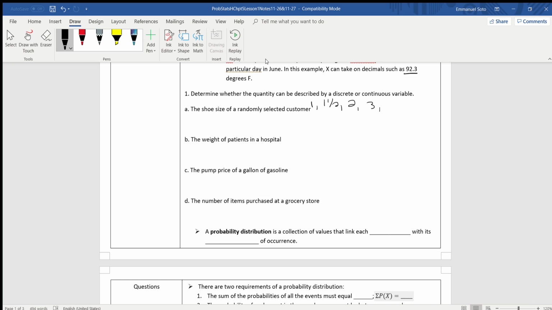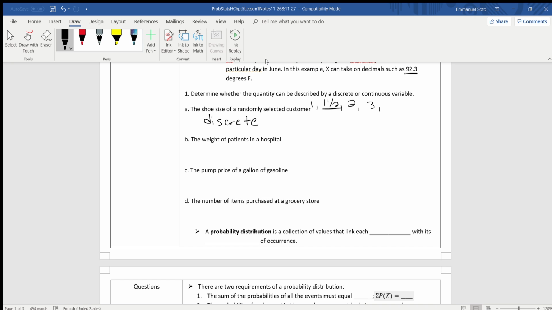Any of those shoe sizes are valid, but they're a finite number of values. There's not an infinite number of values here. Even though this is not a whole number, it's still finite in the sense that you can't really have 1.25. You can only have a shoe size of 1 or 1.5. So even though you have a fraction here, this can still be considered a discrete quantity.